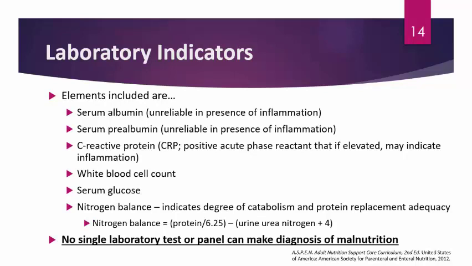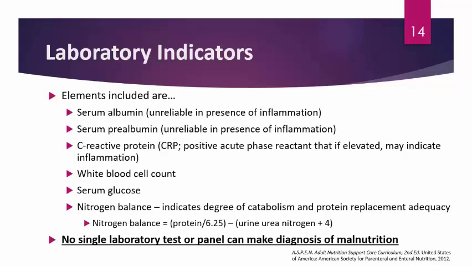As pharmacists, it's always important for us to be aware of different laboratory parameters that are out there that may be indicative of poor nutritional status. So some things that we may look at in terms of determining nutritional status include serum albumin, serum prealbumin, and C-reactive protein particularly.